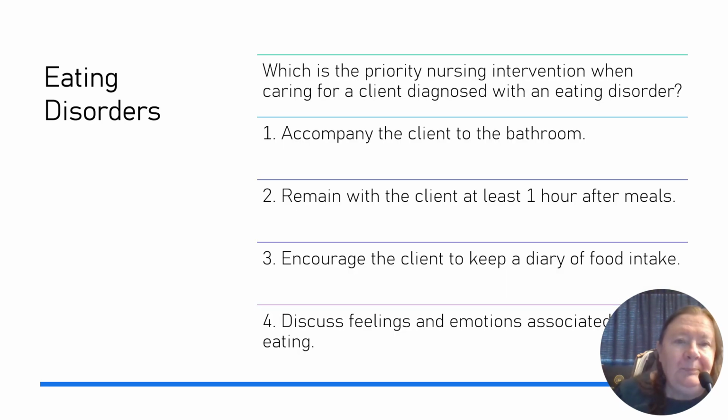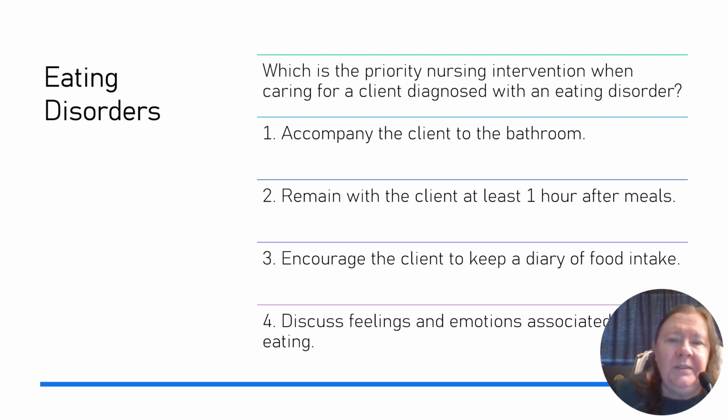Okay, last one. Which is the priority nursing intervention when caring for a client diagnosed with an eating disorder? Key words are priority nursing intervention. I'll give you a minute. Let's read over the answer choices.